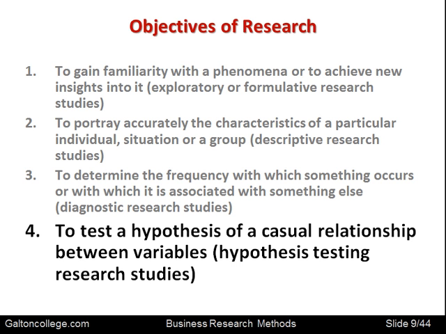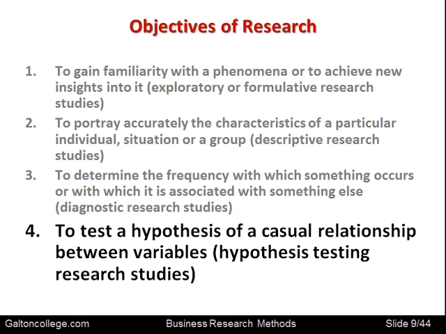It could be to test a hypothesis of a causal relationship between variables, which is hypothesis testing research studies. We might believe that there is a causal connection between a fall in the price of the product and more sales, that these are connected, one's causing the other. We want to check that. We want to see if that is true.